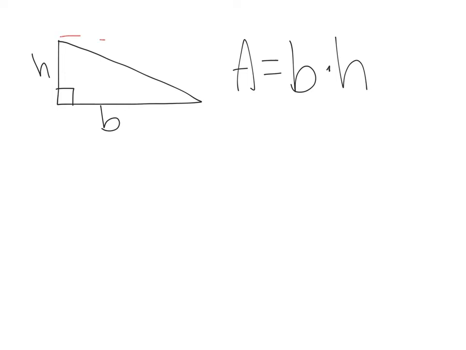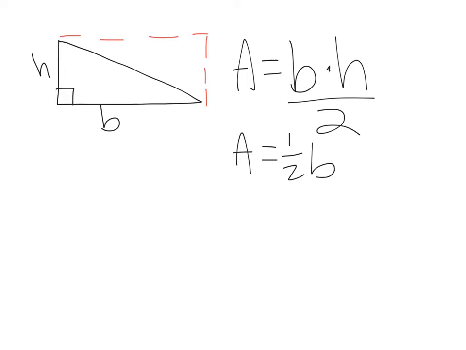That for sure looks like half a rectangle there. Base times height divided by 2. Boom. Or you can think about it as area equals 1/2 base times height. 1/2 times base times height. Same deal. Some people write it one way, some people write it the other way.